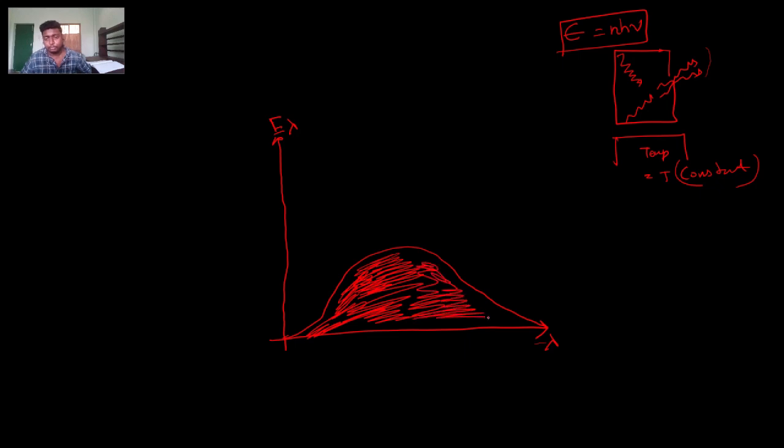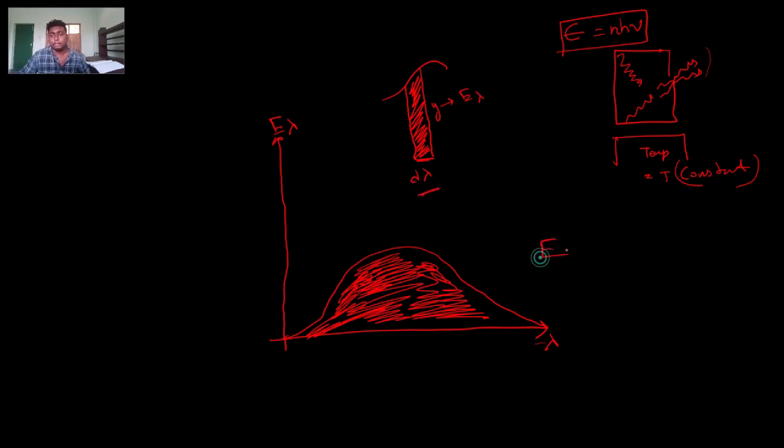If I take a small portion of lambda, that is d lambda, the y-axis is the value of the function E lambda.